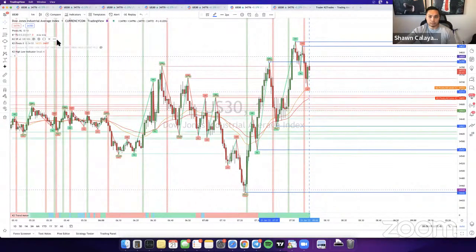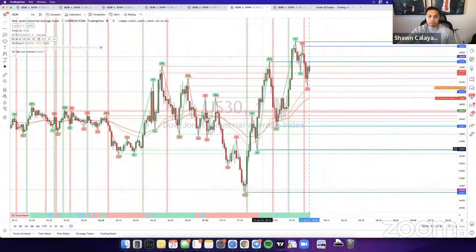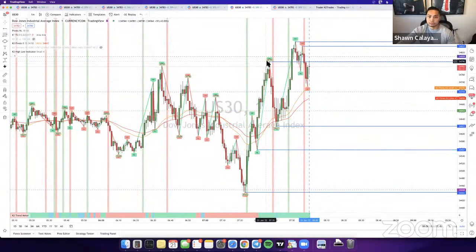If you match it up with the SR, it gives you an area of liquidity right there. So you have an area of liquidity and you have the high right there. When price breaks through it, it gives you kind of a double confirmation. So it's something that you guys can play around with.